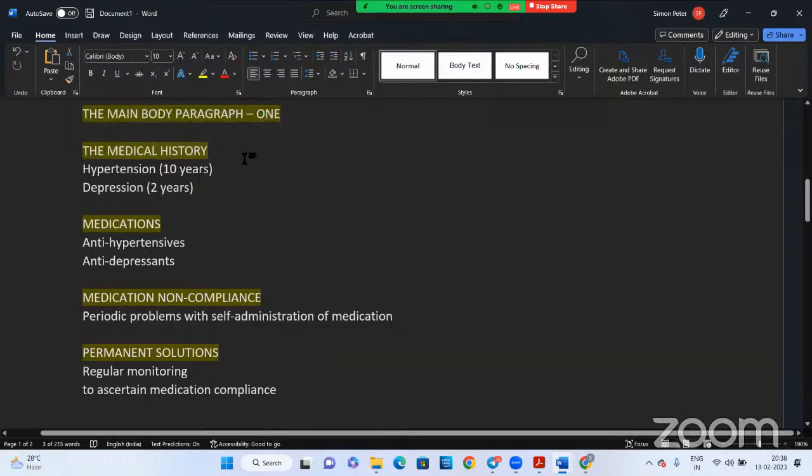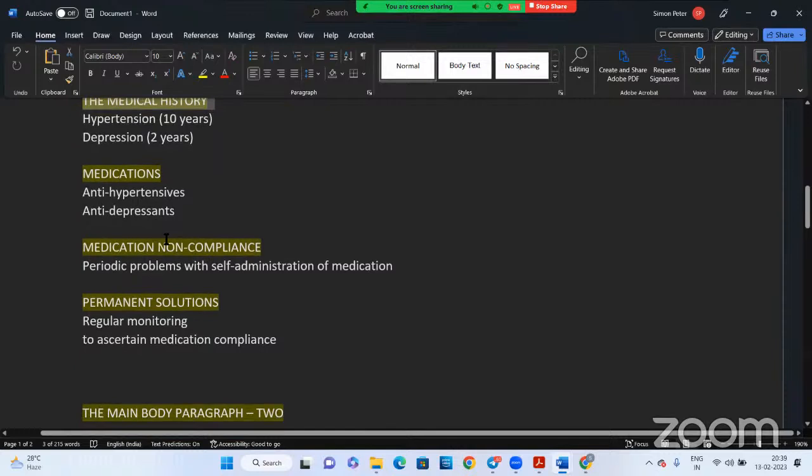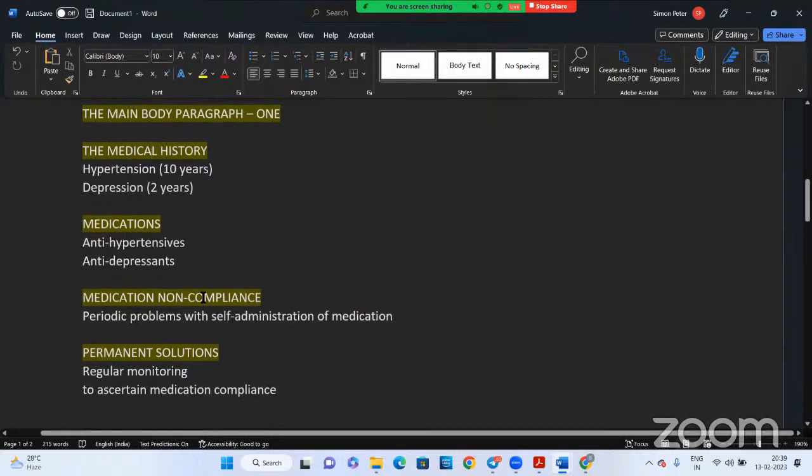So these 4 are interrelated: medical history, the medications to manage this medical history, medication non-compliance with these medications, and, in order to manage the non-compliance, permanent solutions to make her compliant.